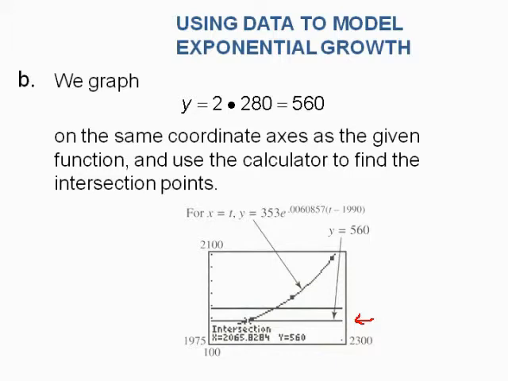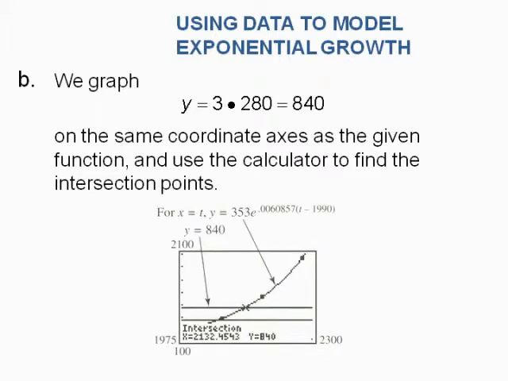It looks like the intersection is going to happen in here. The point of intersection, the time to double, looks like the year 2065 or 2066. And your calculator will actually do that for you.